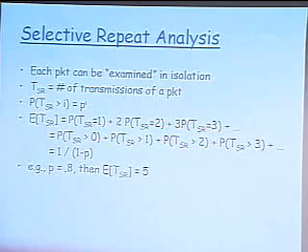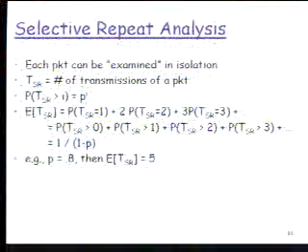If the loss probability approaches 1, then the number of transmissions approaches infinity, because every time you send something, it gets lost. So this is the number of transmissions in our model of selective repeat. So each packet has to be transmitted on average 1 over 1 minus P times. That is the overhead. Okay?